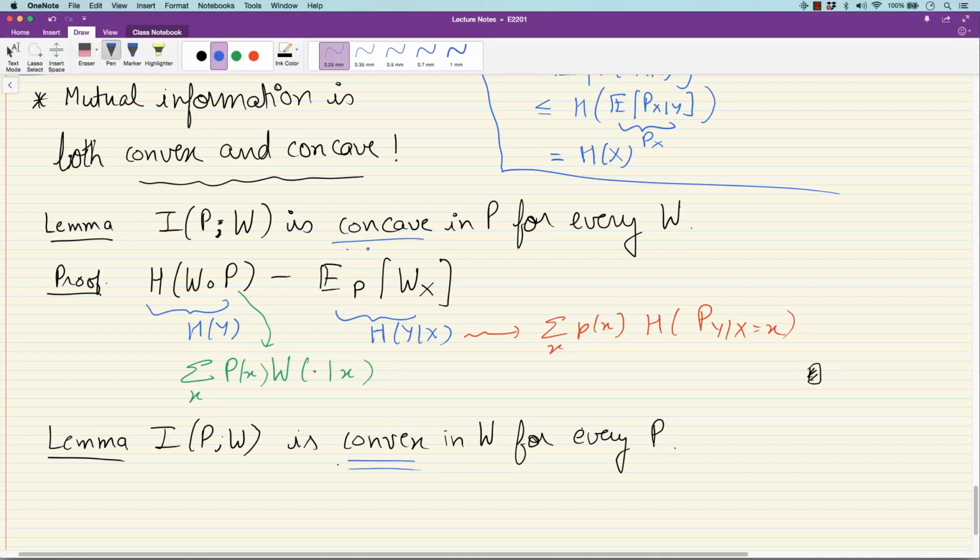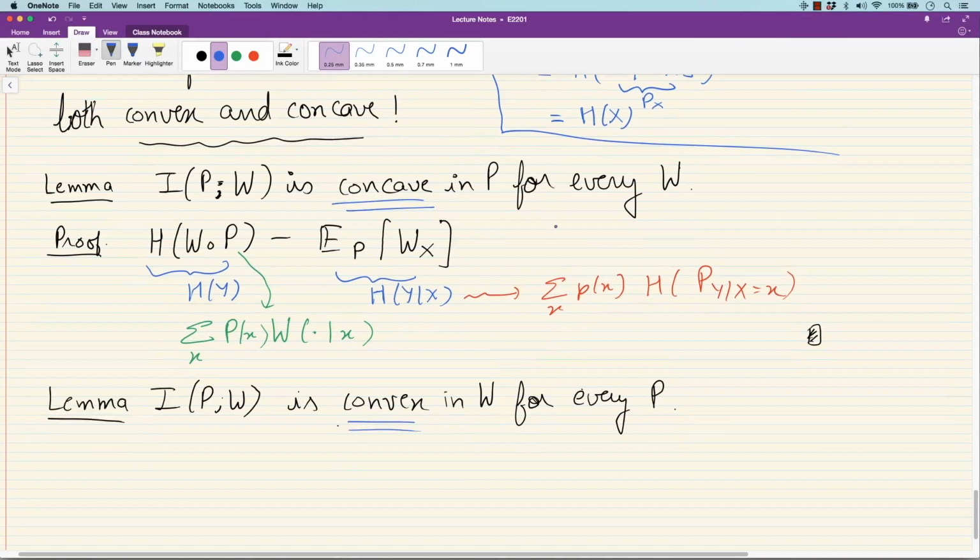Similarly, concavity of I in P for a fixed W is a useful property, because now we can maximize over P. So how do we show this? The proof: we again take these two channels W1 and W2 and look at this.